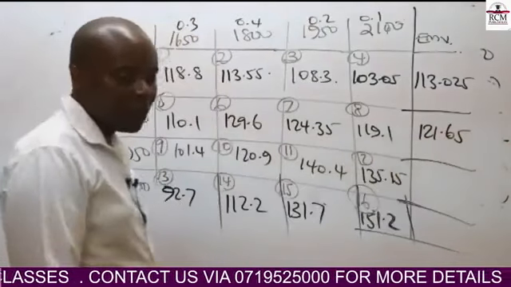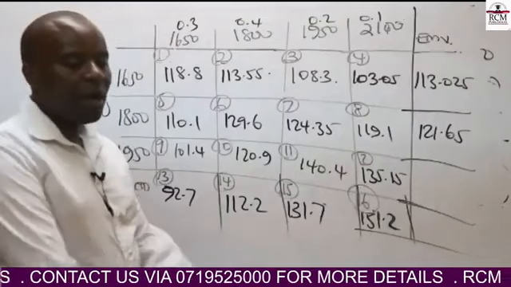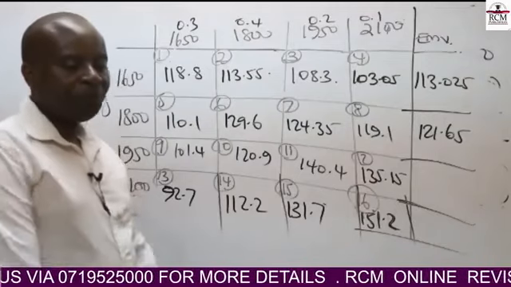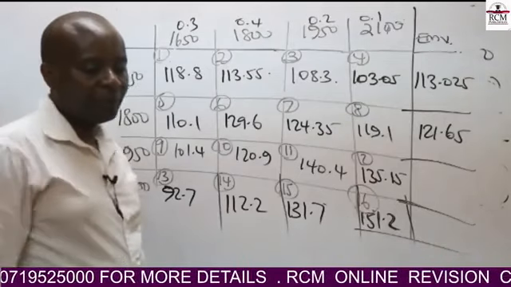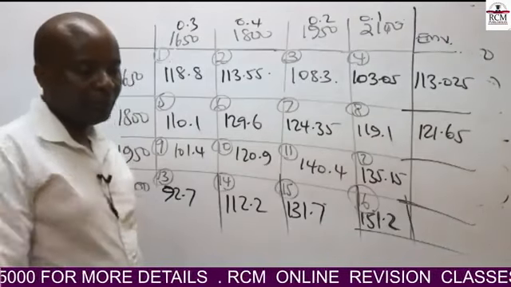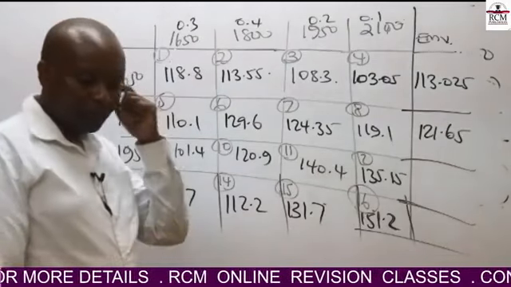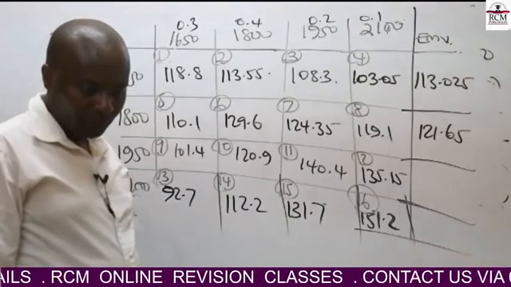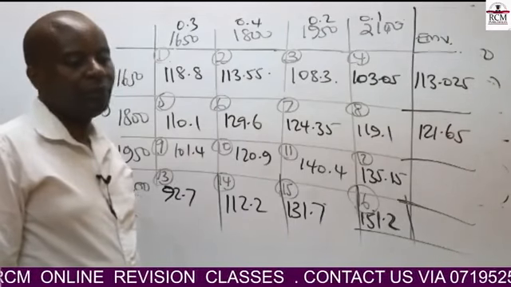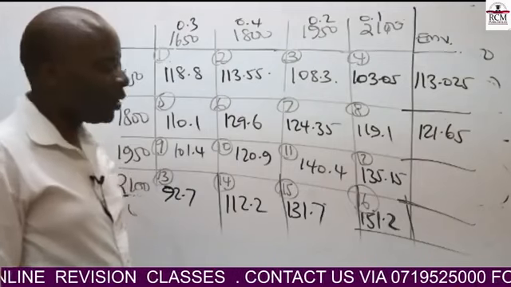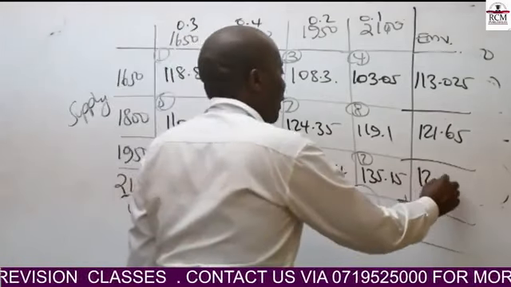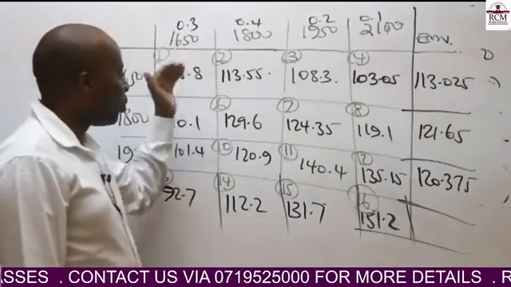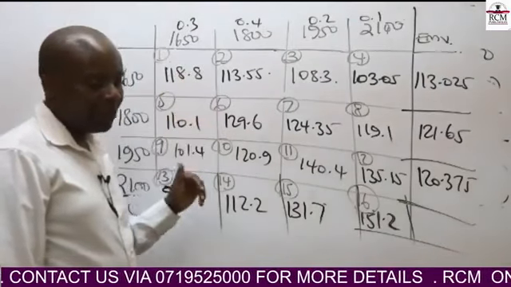From there, we have the third one. 120.375. How did they get this 120.375? They took the profit that we have here and then averaged them by multiplying them with the probabilities like that.